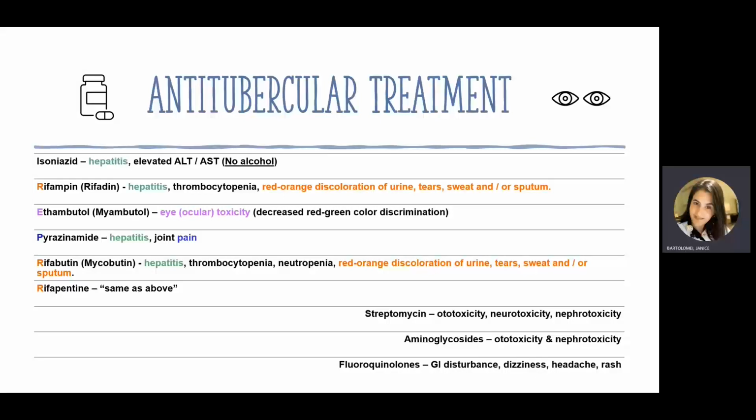So I try to show how you can remember some of these meds when you see them and recognize what we teach our clients about. Some of these adverse effects you do want to teach them because they want to know. You would say to the client, hey, listen, if you take rifampin, your urine, your sweat, your tears could change a different color, so that way they don't get scared.